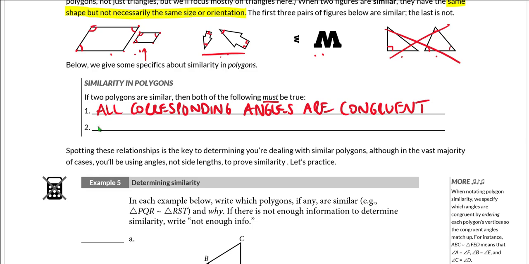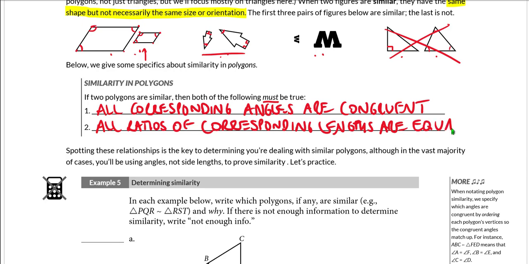And then number two, all ratios of corresponding lengths are equal. And this is the proportionality. I'm going to write that over here. Proportional. All ratios of corresponding lengths are equal.